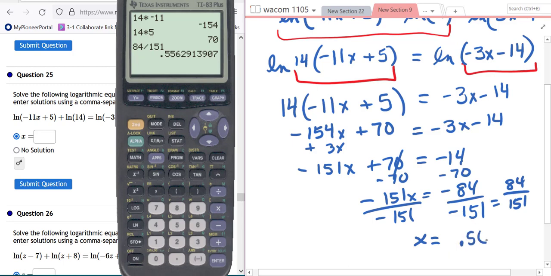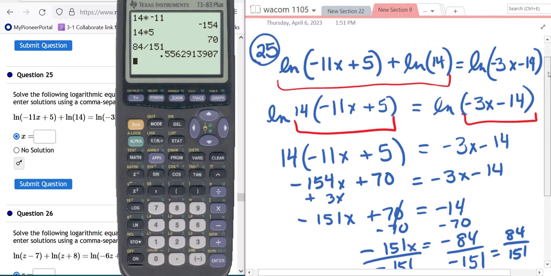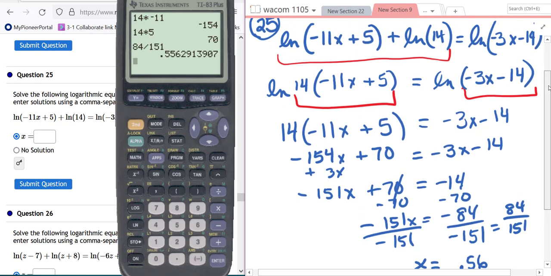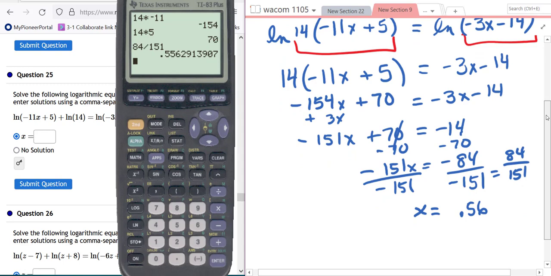So 0.56. I have to go back. Right, and it's positive 0.56 in this one right here. It ruins the problem, right, because of that negative 11. So this is going to be no solution. I don't have to check in anything else. It is actually done.